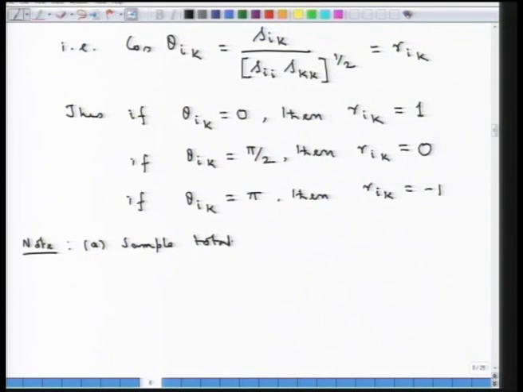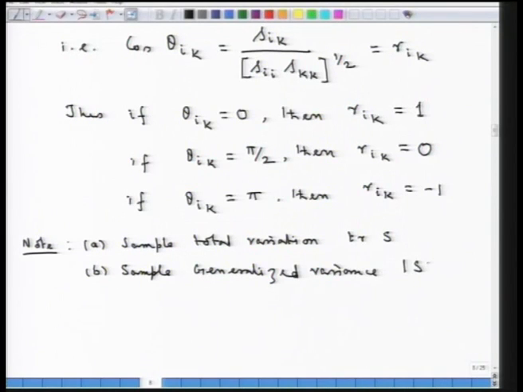One can define the sample total variation as the trace of the S matrix, with either a divisor n or n minus 1, and the sample generalized variance as the determinant of the S matrix.